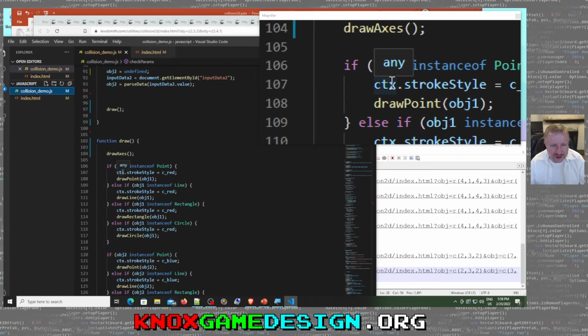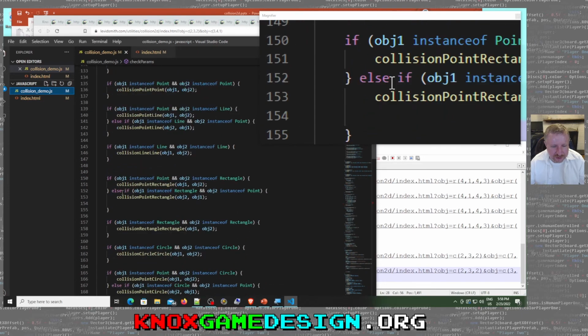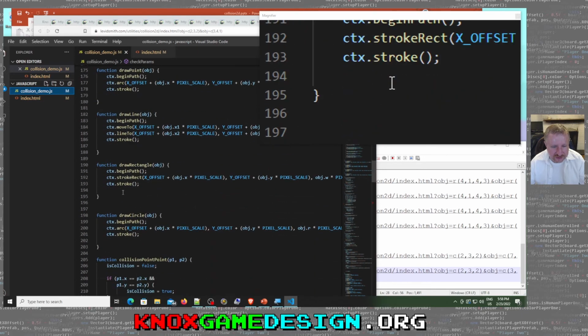So we've got a draw axis, which is pretty simple, right here.